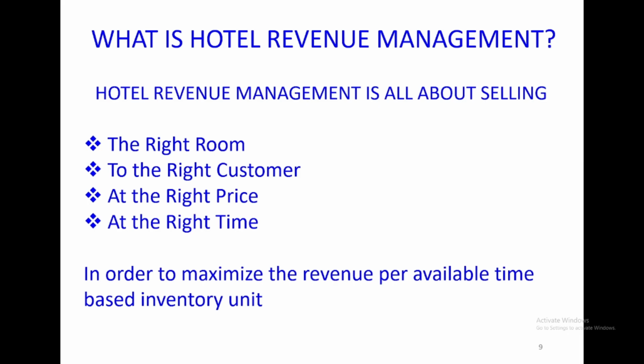Because guests will stay only 6 hours. So why would you need a suite room with a beautiful balcony over the night? You cannot see the garden anyway. So you need to understand the right product to the right customer at the right price and at the right time.